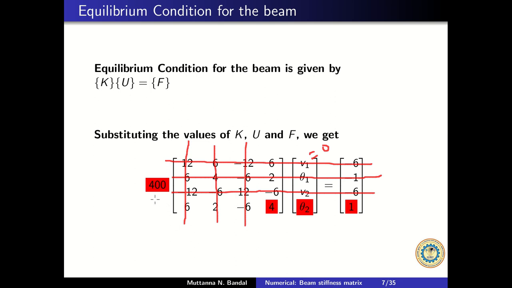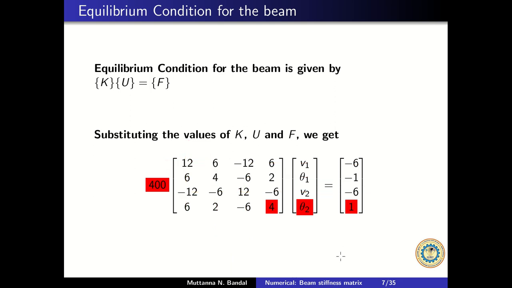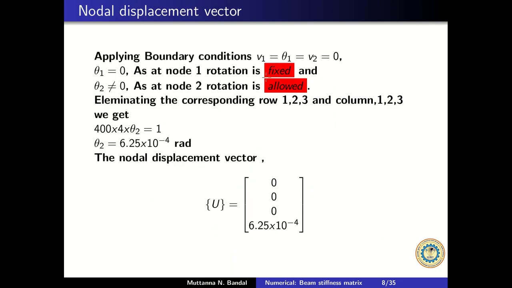So the leftover will be this 400 into 4 into theta 2 is equal to 1. So using this, we will calculate what is called as theta 2. So these boundary conditions already we have discussed.